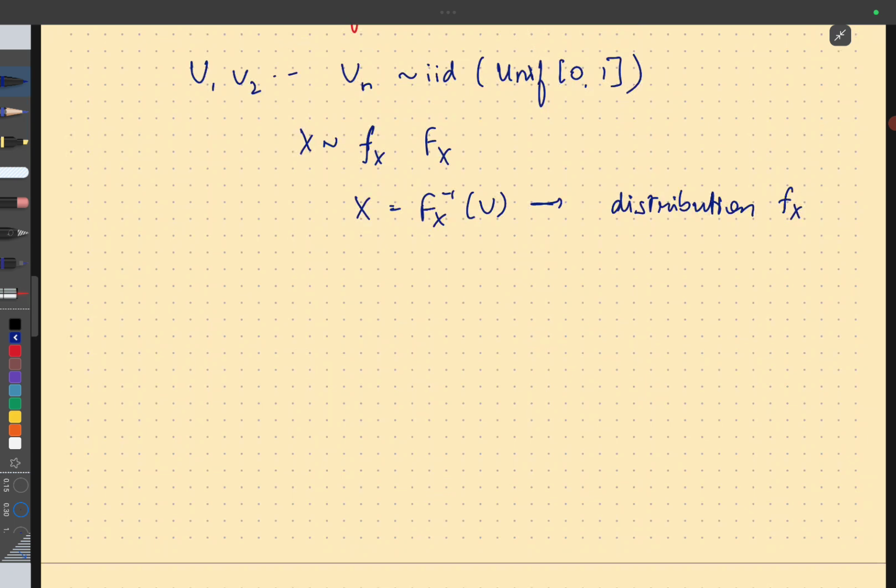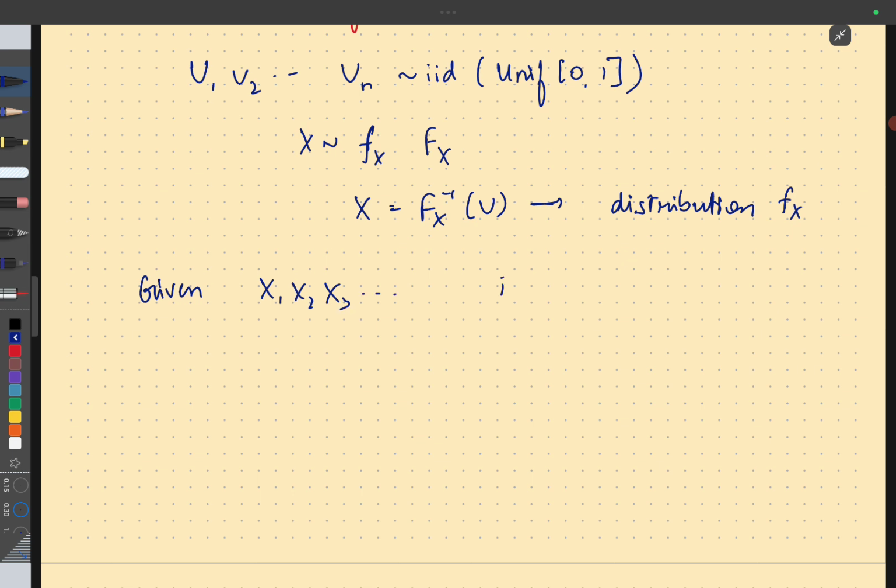So we look at a related problem where you have Bernoulli p random variables. You're given X1, X2, X3 and so on.